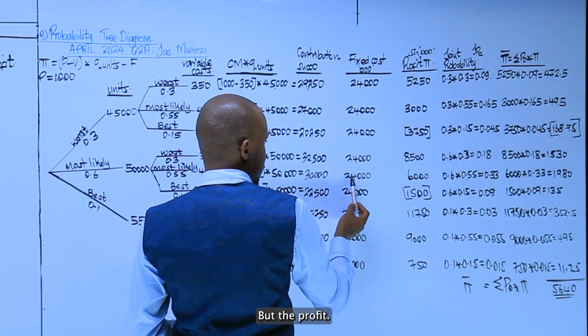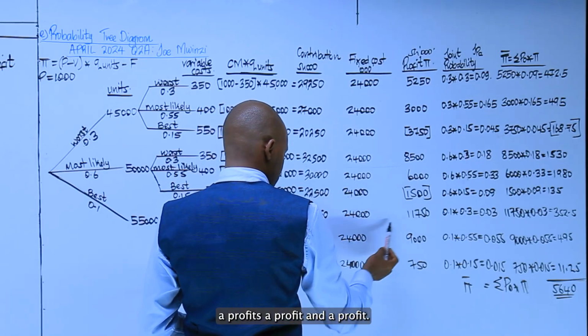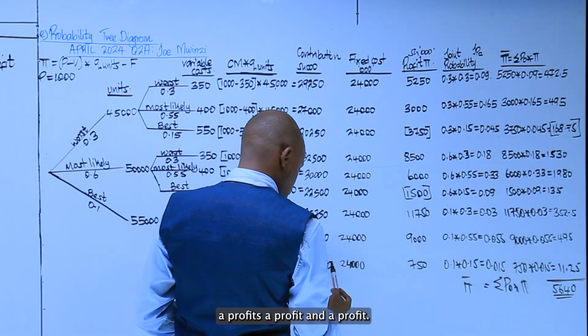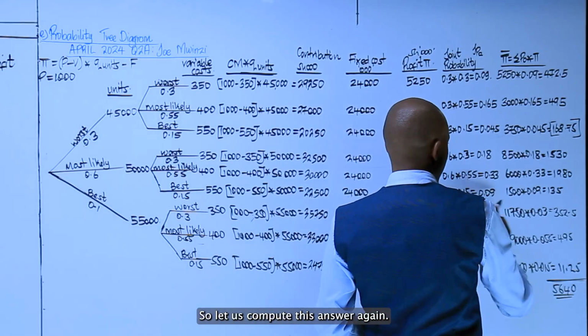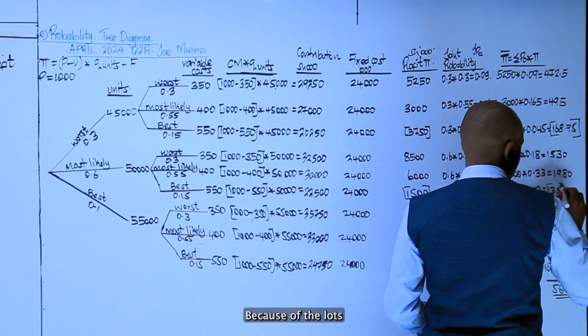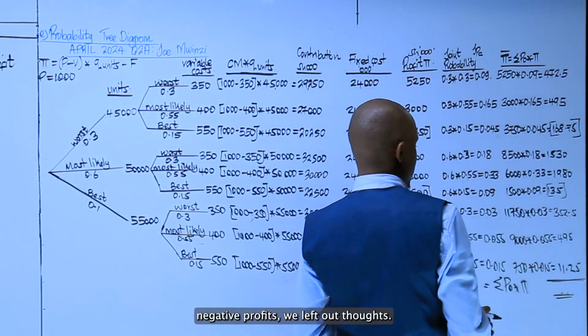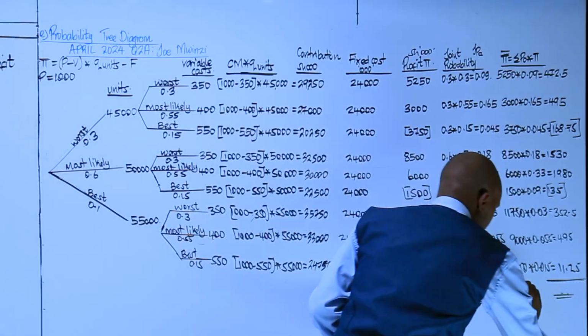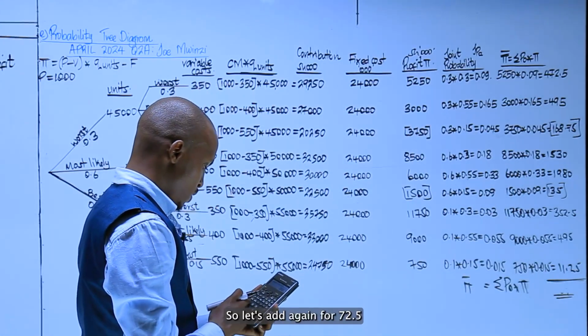That's a profit, a loss, a profit, and a profit. So let's compute this answer again because of the negative profits. We left out that, but the good thing is that we have captured it. So let's add again.